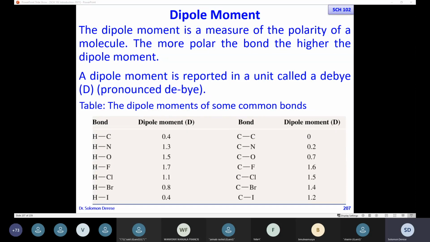Despite the fact that methane has 4 carbon-hydrogen bonds that are polarized with certain bond moments, in this case a bond moment of 0.4 D each, because of the way they point towards each other, they cancel out.